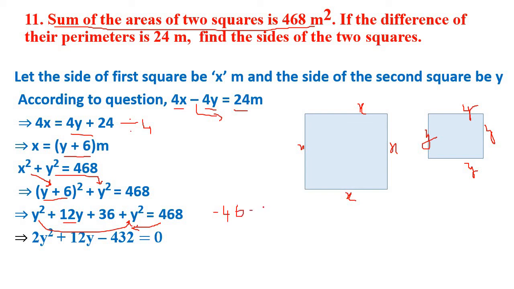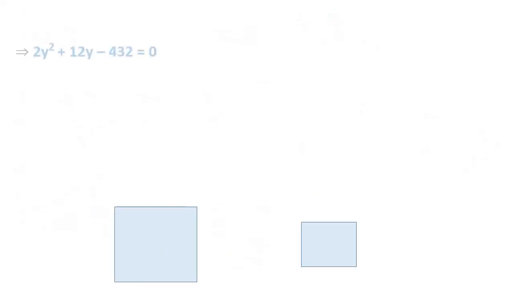You will get minus 468 plus 36, which is minus 432. Now you solve this equation. So you will get 2y square plus 12y minus 432 is equal to 0.